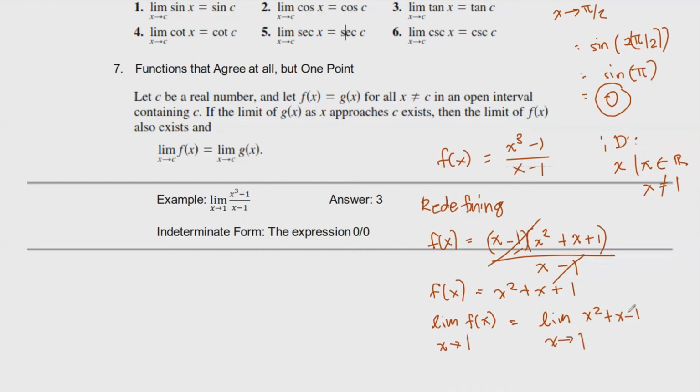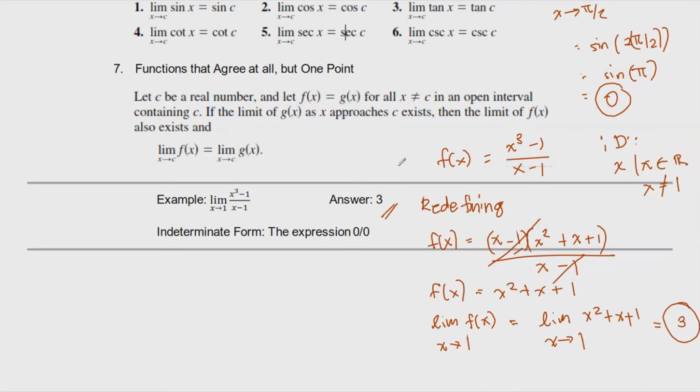In this case, it should be plus. Since this is already a polynomial function, we just substitute and get 1 plus 1 plus 1, which is equal to 3. And this is the answer for this equation.